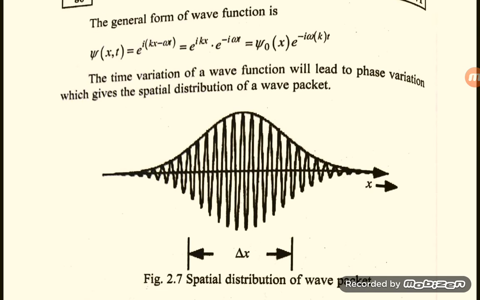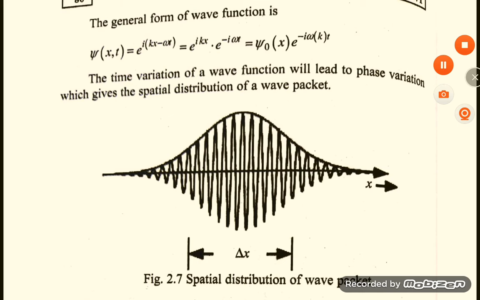Assume you draw a wave that depends on time. Where the time is changing, the direction or phase of the wave will also change. When the phase of the wave changes with time, obviously there is a change in the wave function associated with the particle.